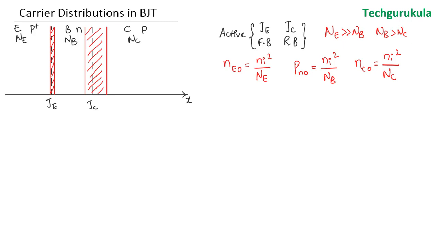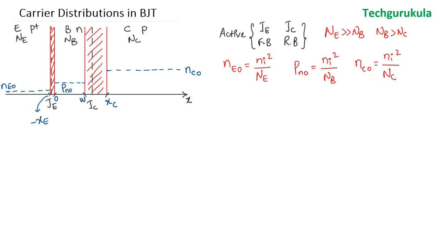Let me show the equilibrium minority carrier concentrations in this figure, somewhat like this, where this is Nc naught, this is Pn naught. Now, on the x-axis, let me take this to be the origin reference, and this is W, the base width here, which is effective base width. And this point is xc. Now as the emitter junction is forward biased, that's why we have shown the depletion width is smaller.